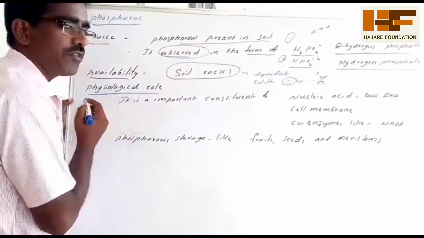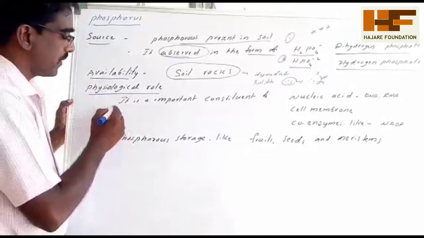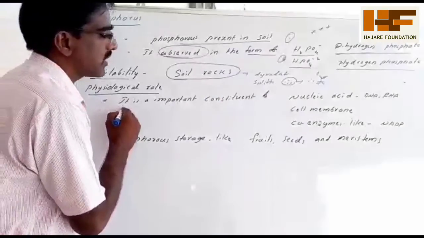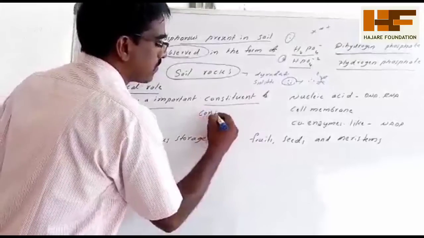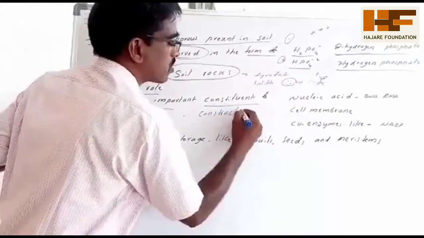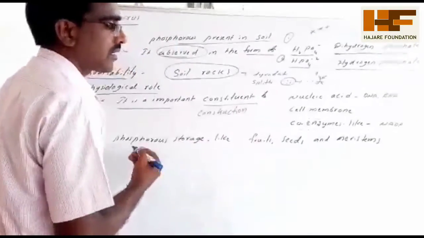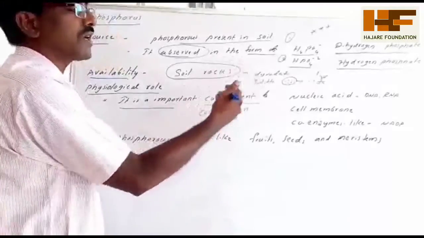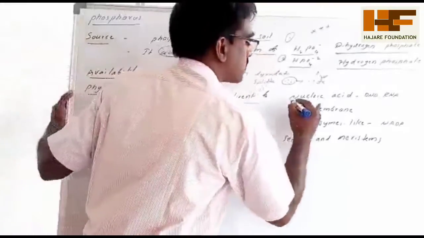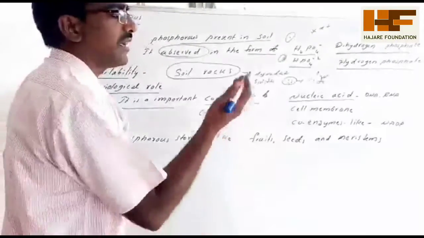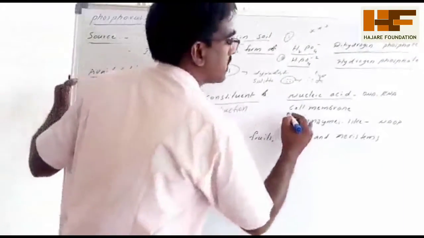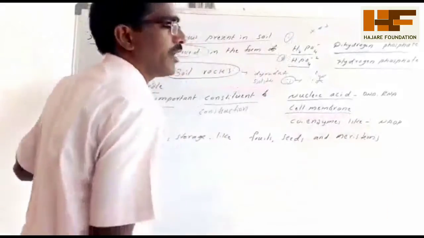Then what is the importance of phosphorus in the plant body? One concept is that it is important for constitution, in the sense of construction of the plant parts. Phosphorus is important for the formation of nucleic acids, that is DNA as well as RNA. It is also important for cell membrane formation.